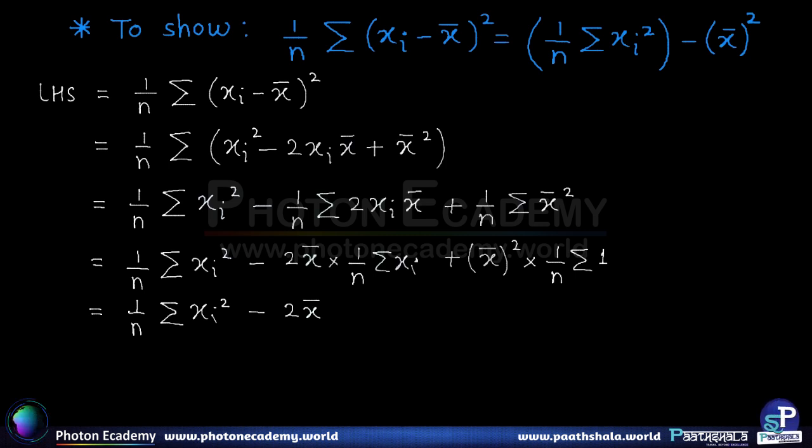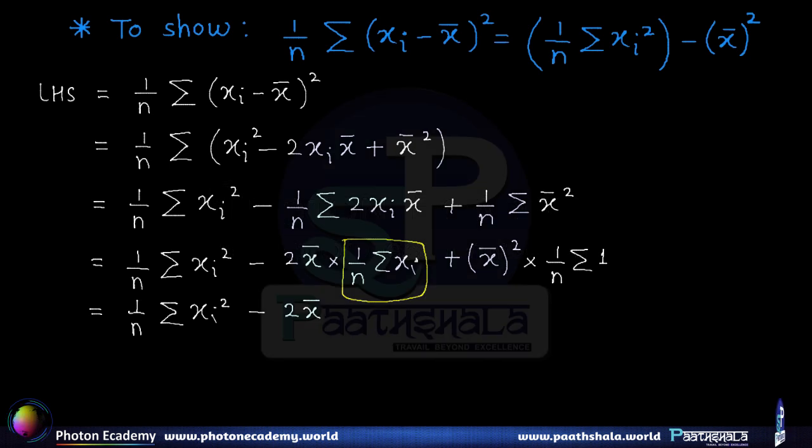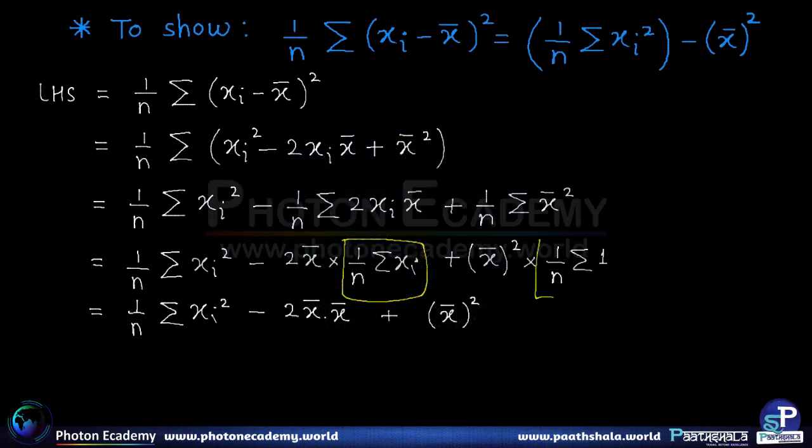Now if you look at this particular term carefully, 1 upon n summation of xi, isn't it the sum of all observations divided by n? So that is nothing but equal to x bar only, plus here we have x bar the whole square. And if you look at the last summation, that is 1 upon n into summation 1, we know that summation of 1 done n times is nothing but n, so that will get cancelled with n, leaving only x bar the whole square at the end.